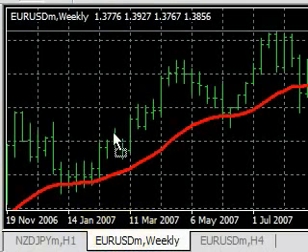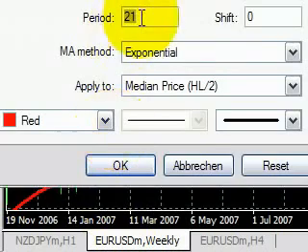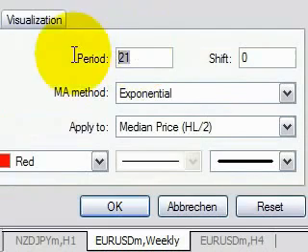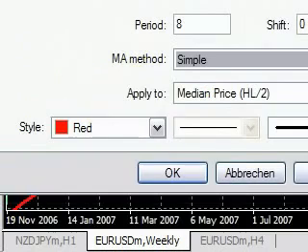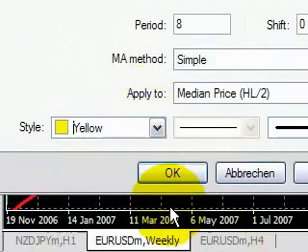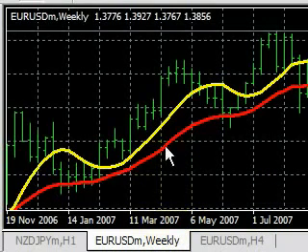Now we will put a second one on there, with a period of 8, and it's a simple moving average, and I'll give it the color yellow. Just keep in mind, yellow is the fast one and red is the slow one.